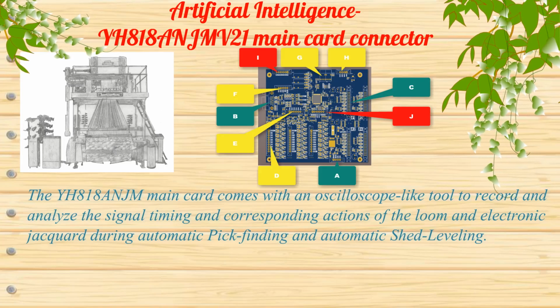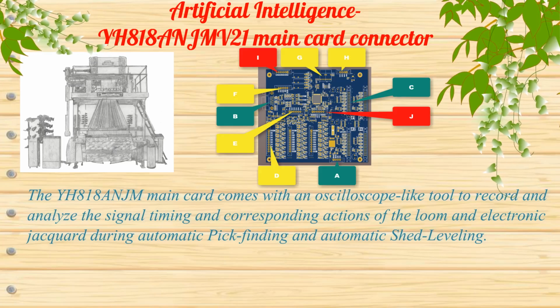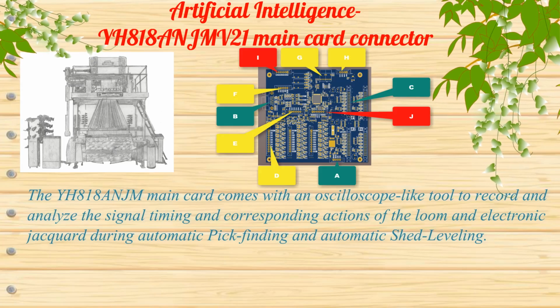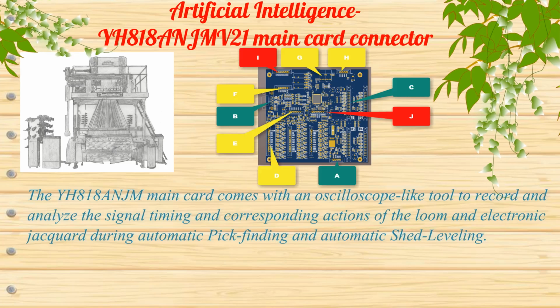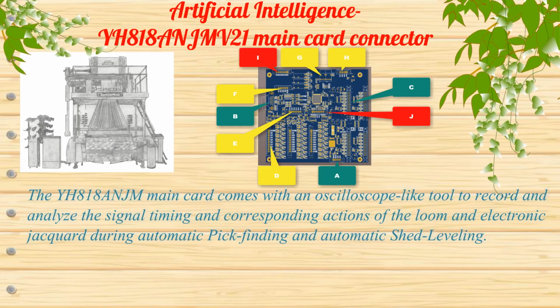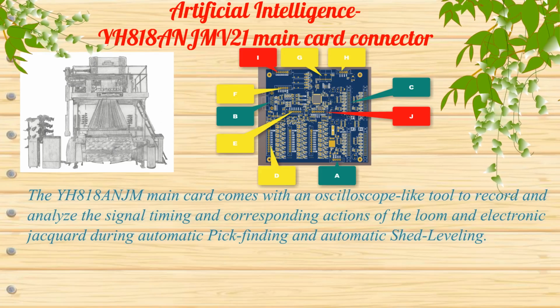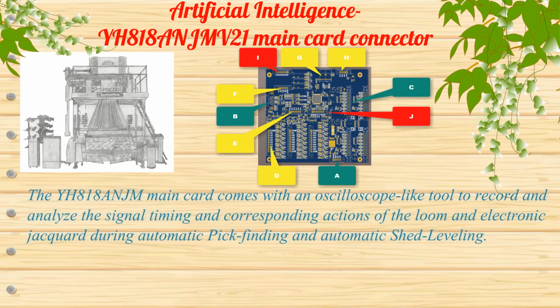The YH818ANJM main card comes with an oscilloscope-like tool to record and analyze the signal timing and corresponding actions of the loom and electronic jacquard during automatic pick finding and automatic shed leveling.